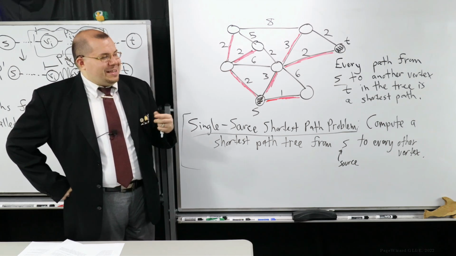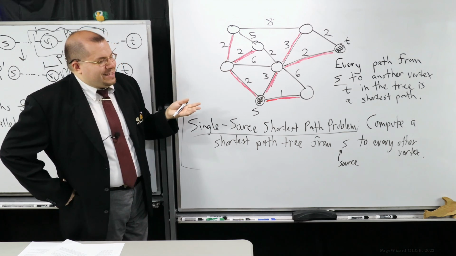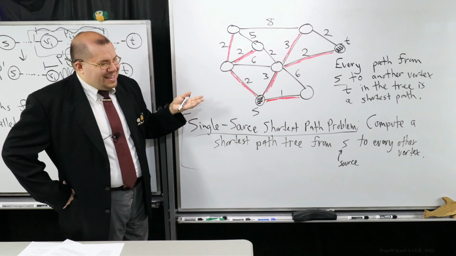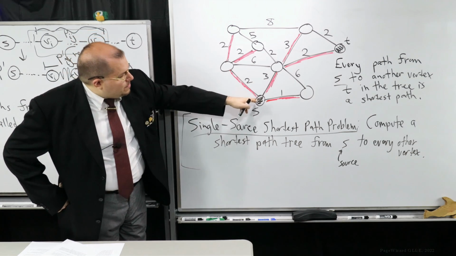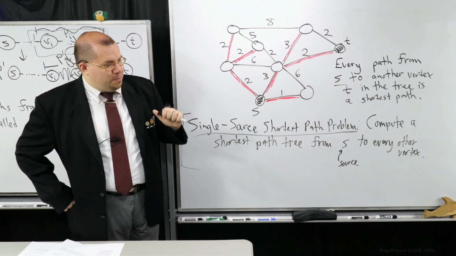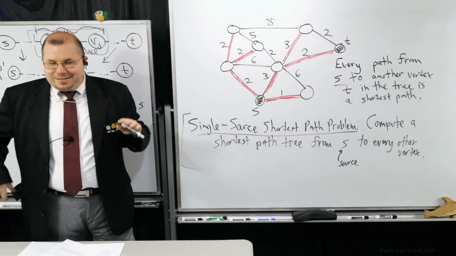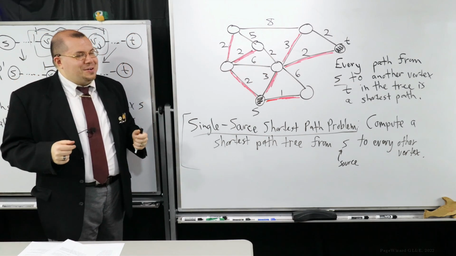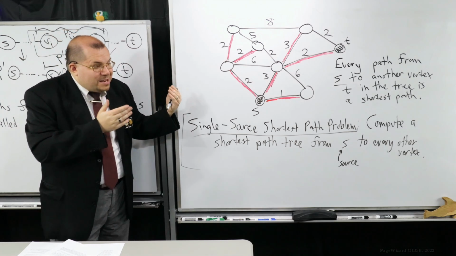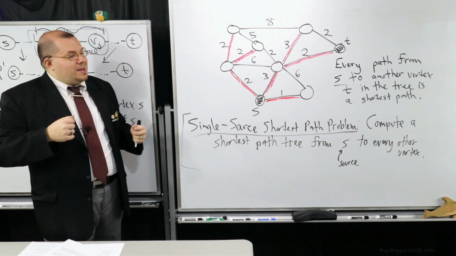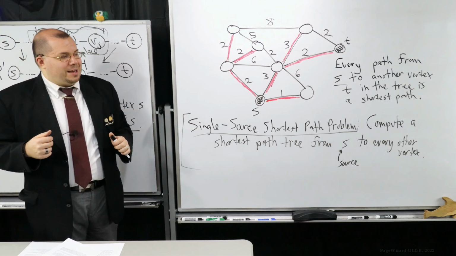Which would simply mean that you're wasting time, right? So I must stress that the path that you get from the shortest path tree is a simple path. So if you find yourself wanting to compute a shortest ST path that is simple, this is also capable of doing that.